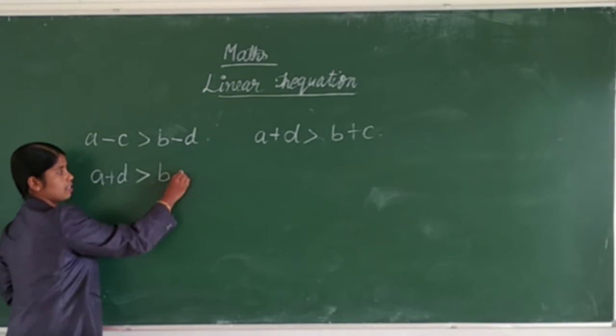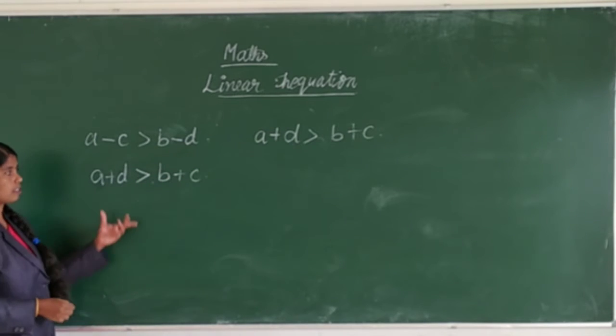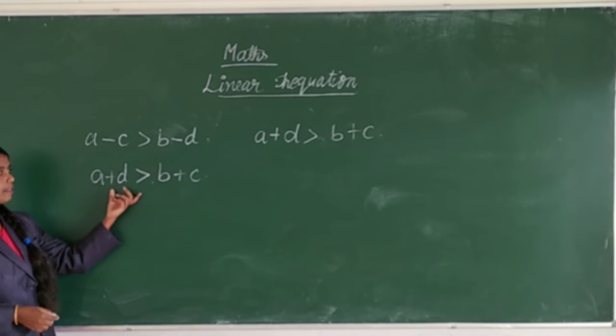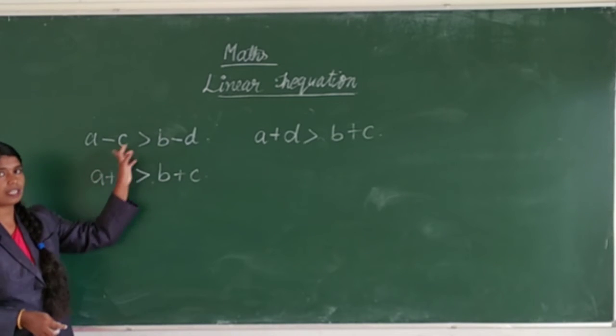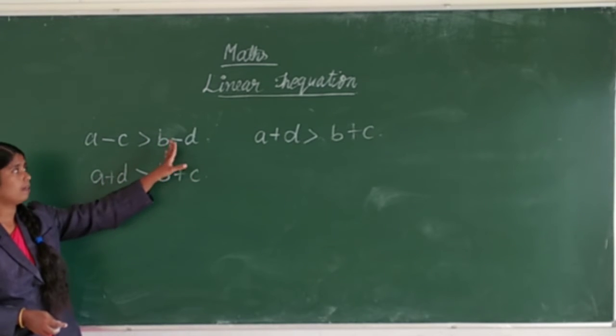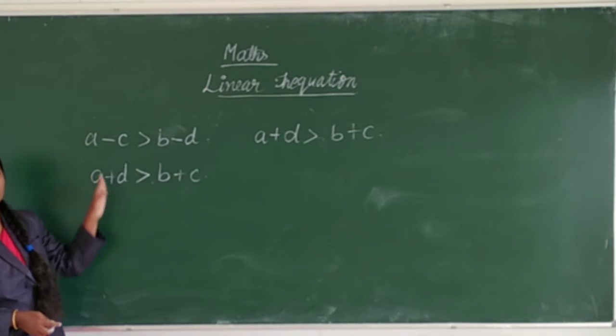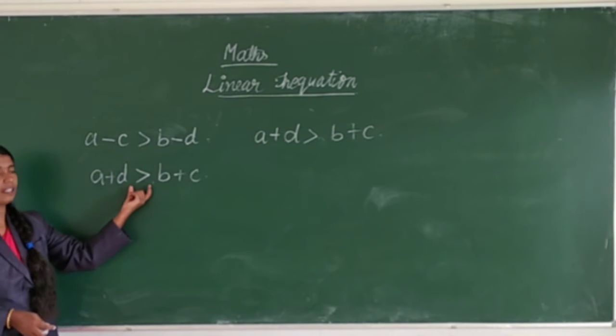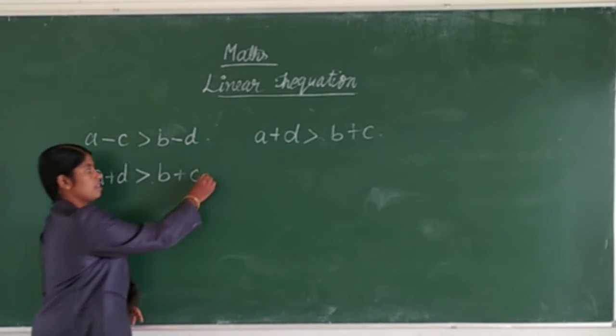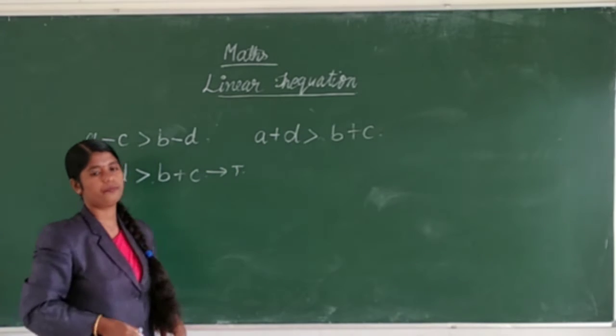B minus C to this side will become plus C. So it is true, right? While solving this sum, we have done this. If you transfer the positive sign to the other side, and the negative sign to this side, there will be no changes in the sign of inequation. So the fifth one is true.